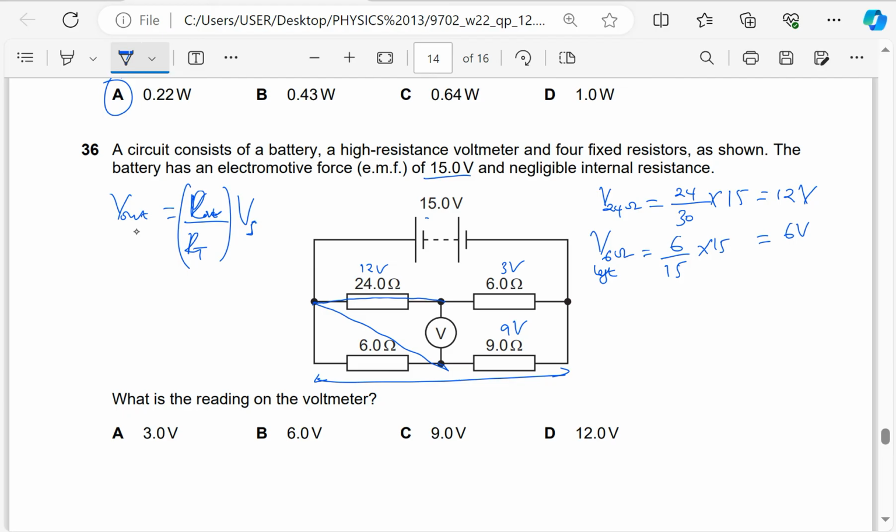Okay, so if I want the reading of the voltmeter, the reading is going to be the difference in the potential. Reading is going to be 12 minus 6, which is 6 volts. Or it can be 9 minus 3, which is still 6 volts.